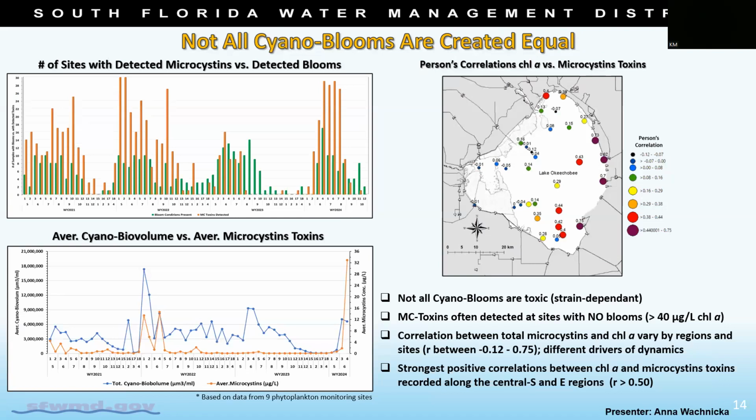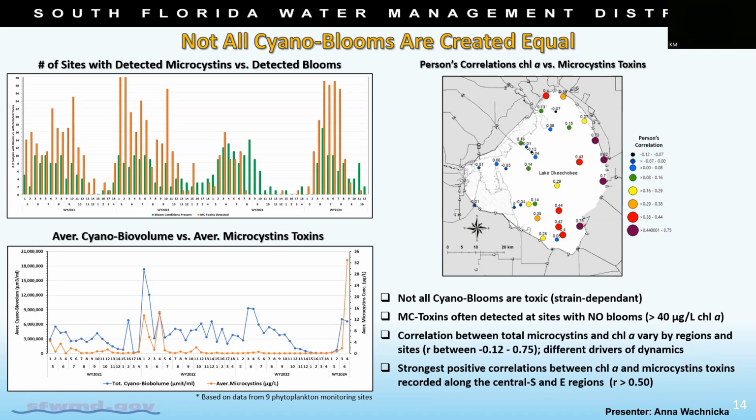Here's a comparison between the number of times we detected blooms versus the number of times we detected microcystin toxins. You can see that microcystin toxins are not always recorded at sites that have bloom conditions. They can actually be recorded anywhere.